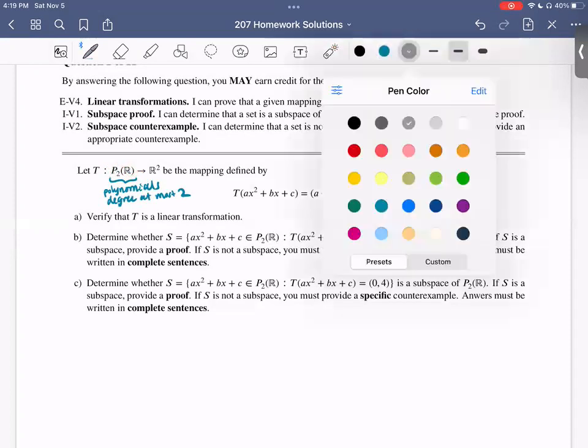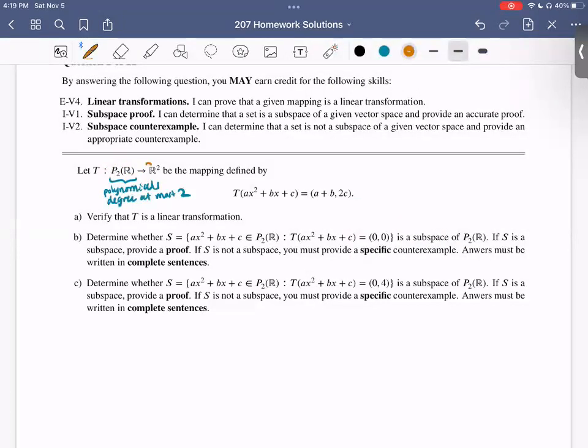And it outputs vectors in R2, so a vector with 2 elements. The way that it does that is it takes the polynomial that you give it, and it adds the first 2 coefficients, puts that in the first vector element, and then it takes 2 times the third coefficient and puts that in the second element of your vector.